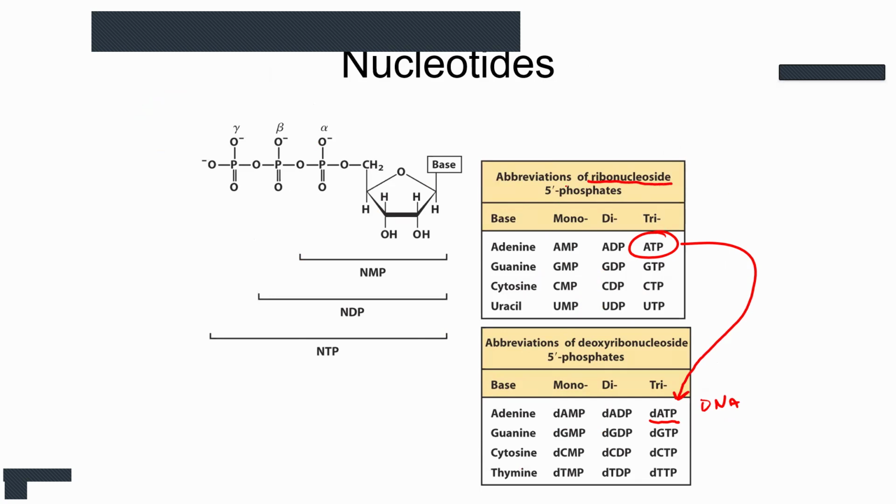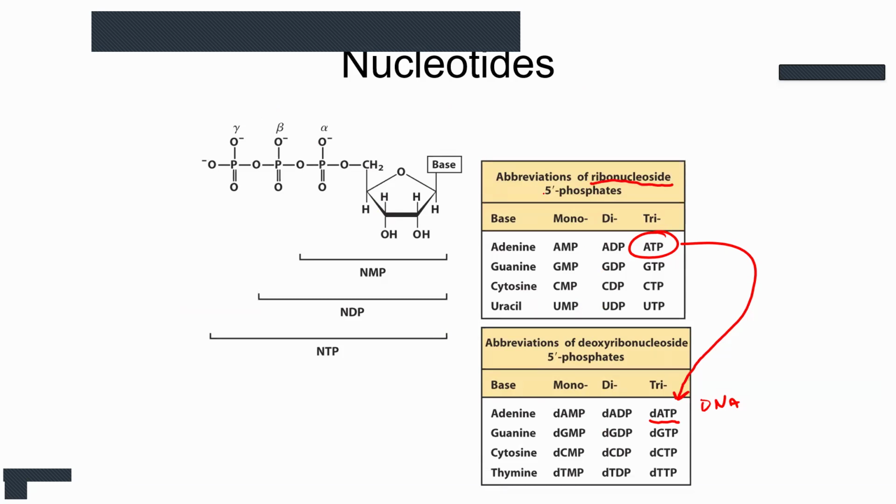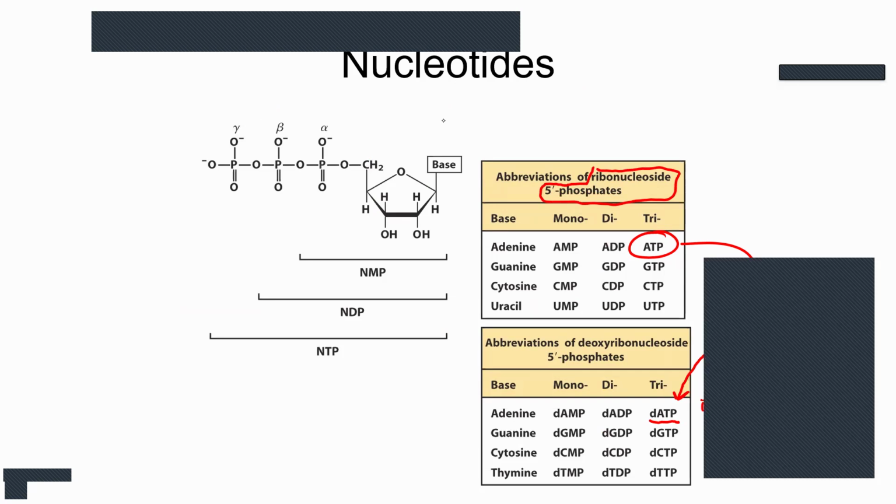One thing that's worth noting is this terminology. We talked about nucleotide versus a nucleoside. Look at this right here: ribonucleoside 5' phosphate. What's another word for a nucleoside 5' phosphate? I'll give you a hint. It starts with ribonucleo.